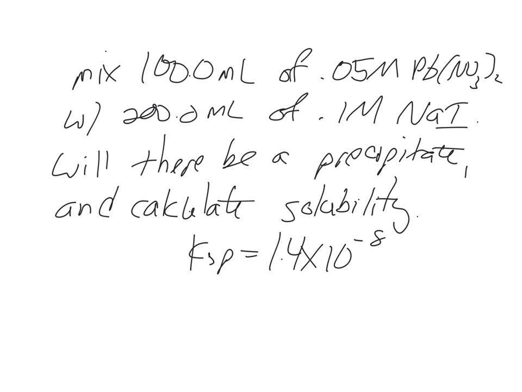But with this strange question, will there be a precipitate, we're going to need to learn something that we remember from last time. And that is Q. Last time we used Q to predict whether equilibrium will shift in some direction. In this case, we're going to use Q to predict a precipitate.